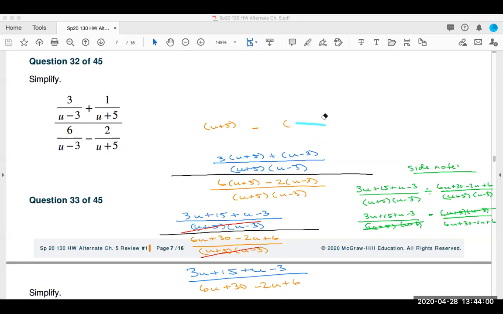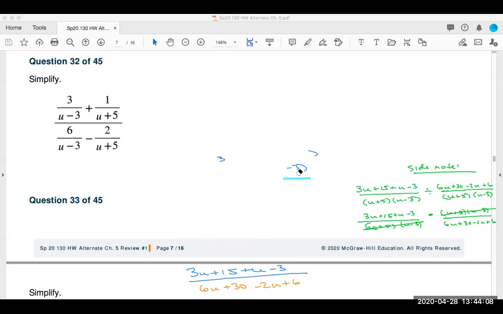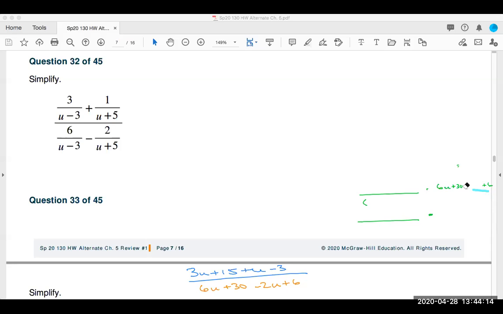Definitely give yourself lots of space on your papers when you are completing these problems. Okay, select this and move on up.